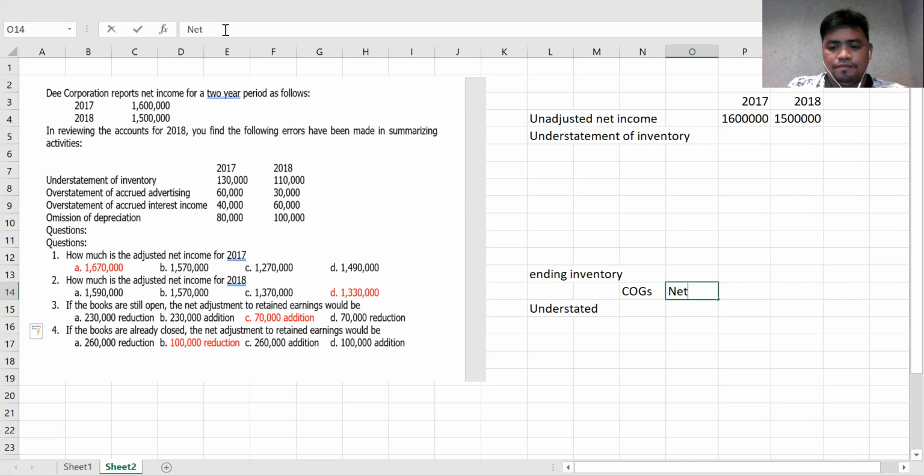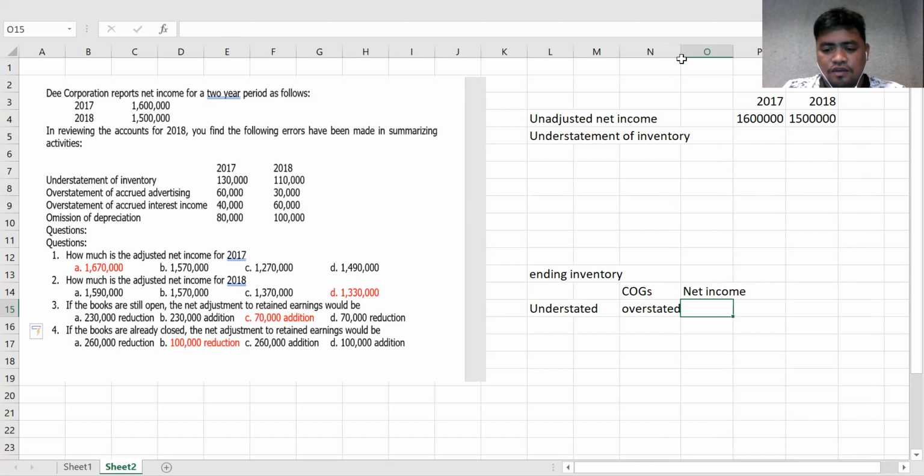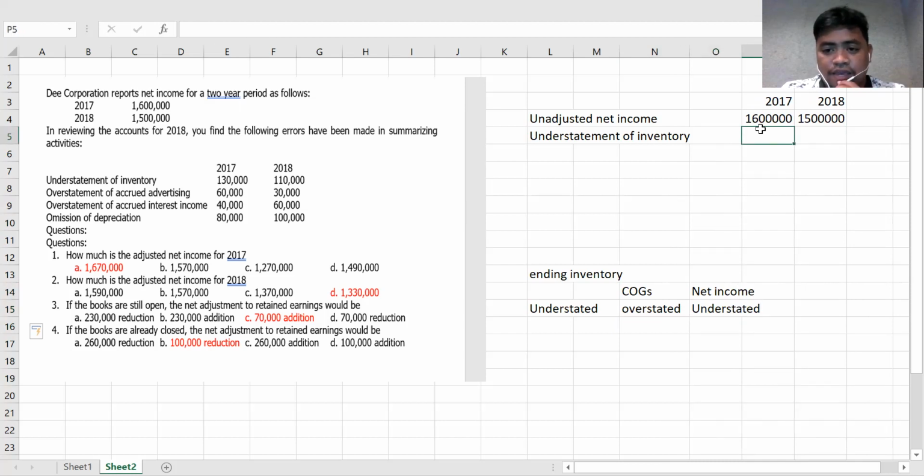If it is understated, your COGS is overstated, right? And if your COGS is overstated, that will reduce your net income, so your income will be understated. Therefore, the effect of the error is an understated net income, so you add it to get the adjusted net income.